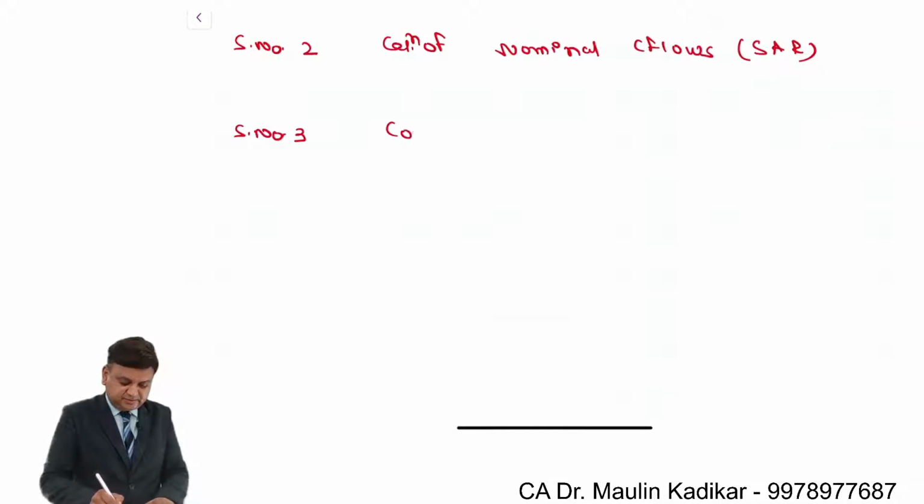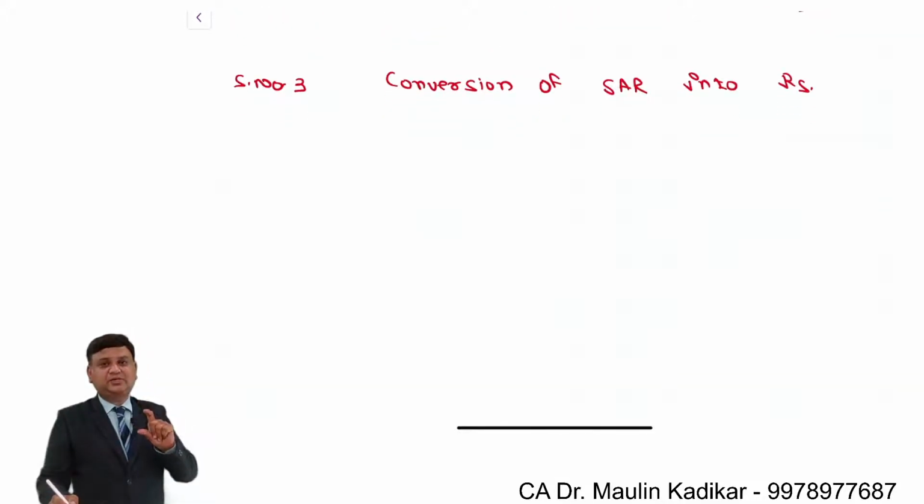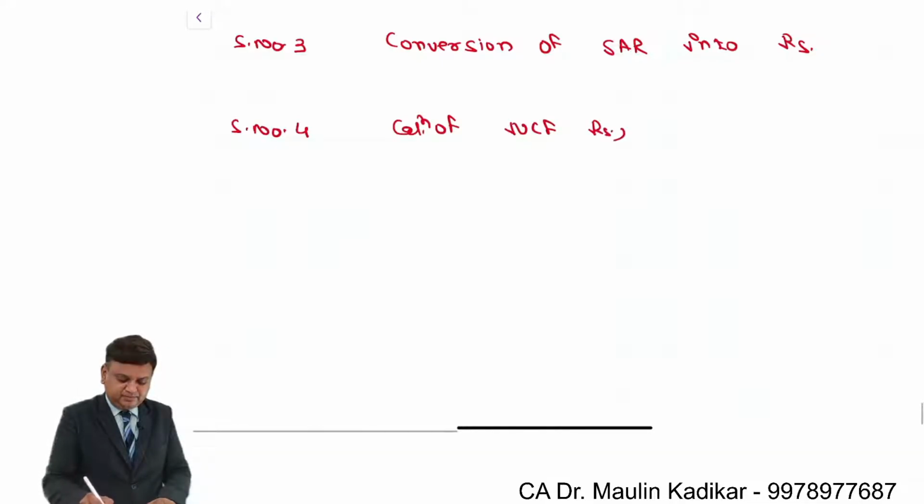Step number 3 is conversion of South African currency into rupees, that is in the domestic currency. For that, we will form an equation, maybe division or maybe multiplication. Step number 4, calculation of net cash flow in rupees term, that is in nominal term.